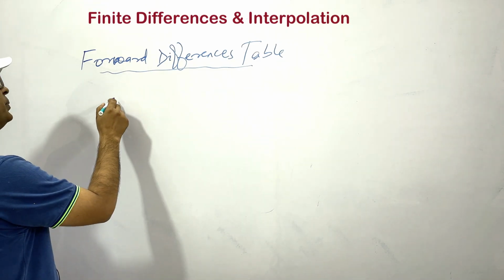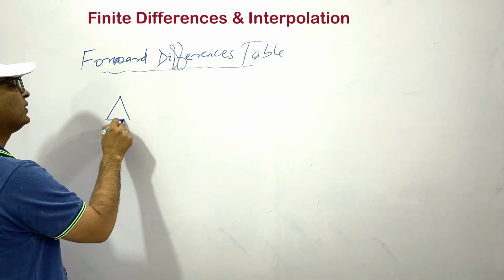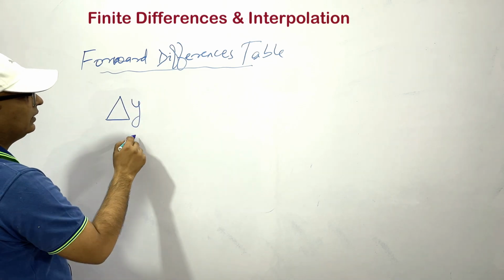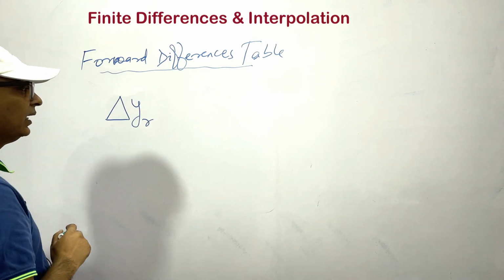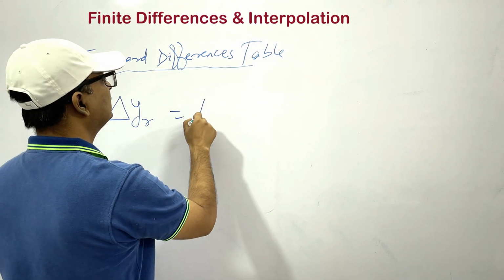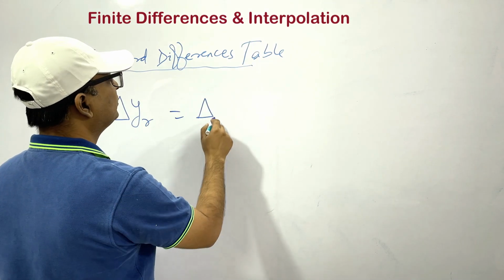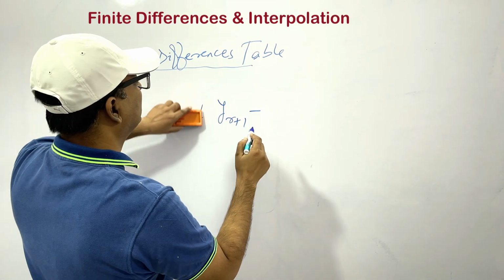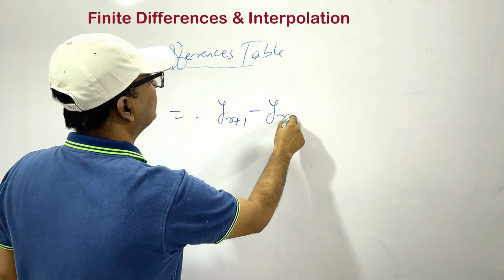First is the operator. This is called forward difference operator, del. And what is its meaning? Del of yr means y(r+1) minus yr.